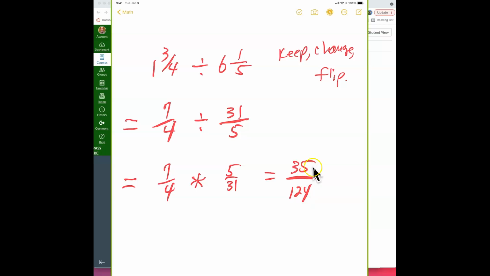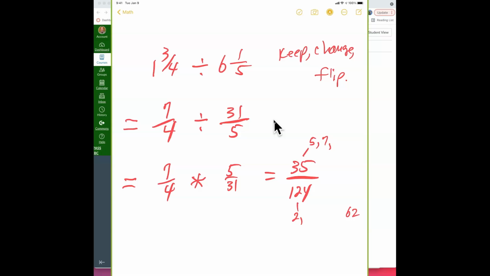And then we just have to see if we can reduce this at all. So let's take a quick look at the factors here. Factors of 35. We've got 5, of course, and then 7, and what else? 5 and 7 may be the only two. Okay, I think those are the only two. And 124, the factors are 2 and 62, right?